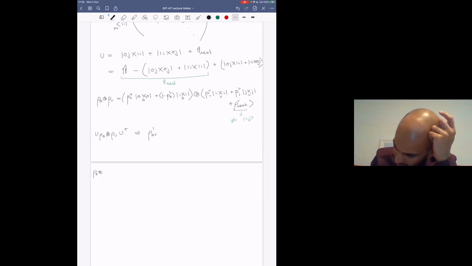Rho S tensor rho V, if I was to write this down in full, I'm going to expand these two brackets.